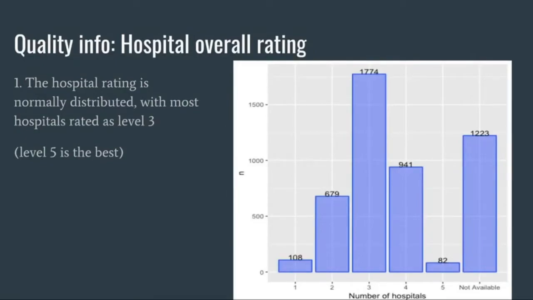And this is the quality information, the hospital overall rating, from 1 to 5. 5 means the best quality of care, 1 means the worst. We can see it is a normal distribution, with most of the hospitals at level 3 of quality of care.